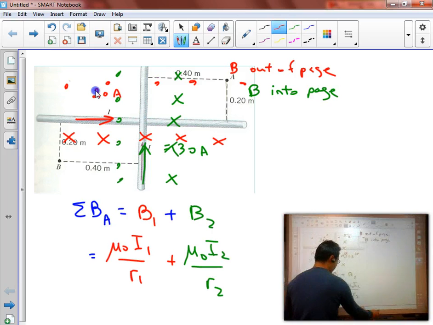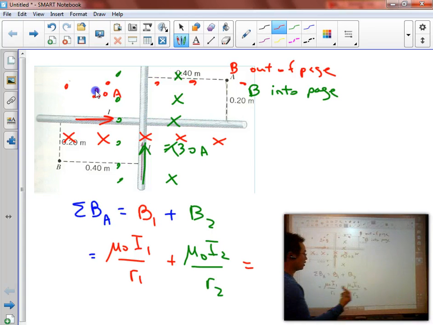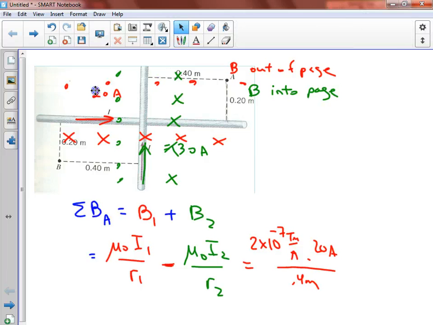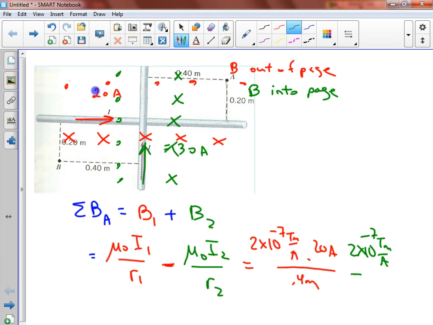So if we plug our numbers in, we end up with 2 times 10 to the negative 7 times I1, which is 20 amps, over 0.4 meters, plus, or really, in this case, because they're going in opposite directions, I should have written minus 2 times 10 to the negative 7 Tesla meters per amp times 30 amps over 0.2 meters.